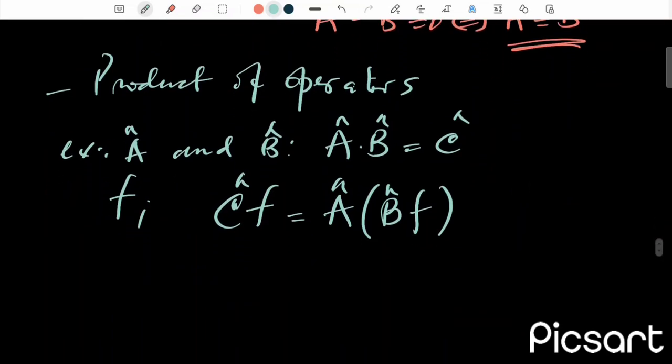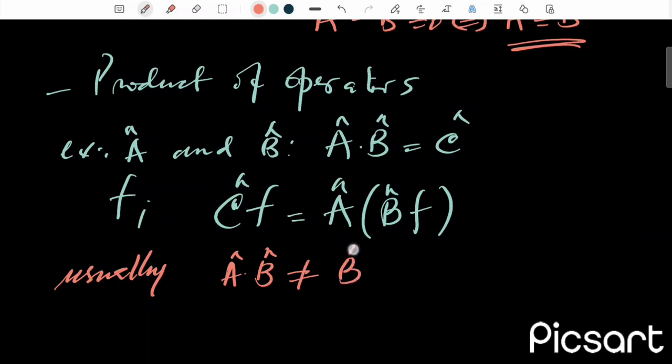It is important to say that usually A times B is different to B times A.